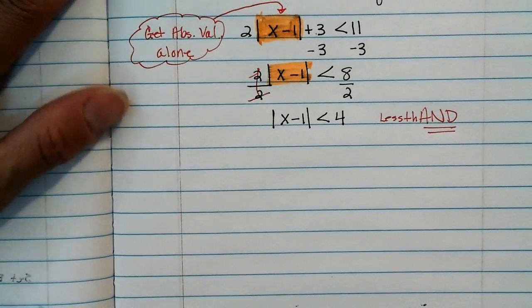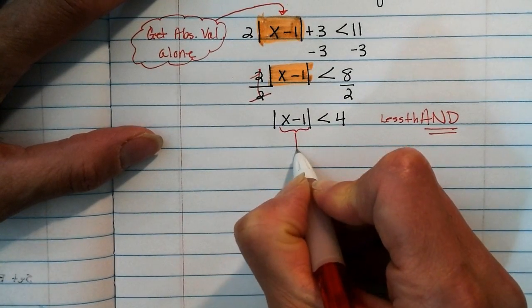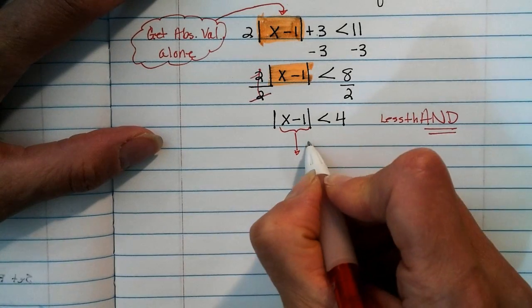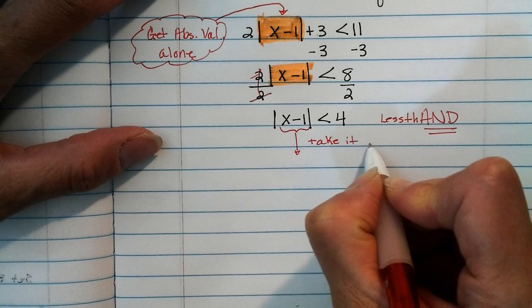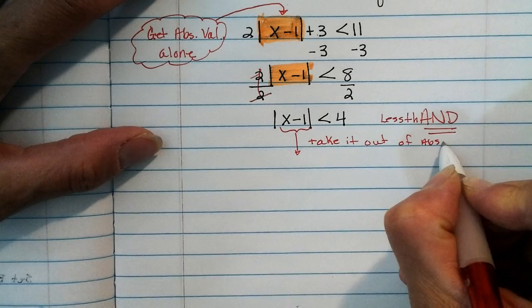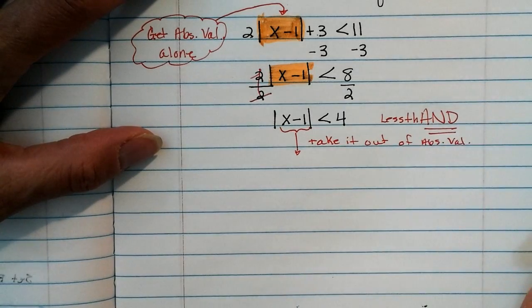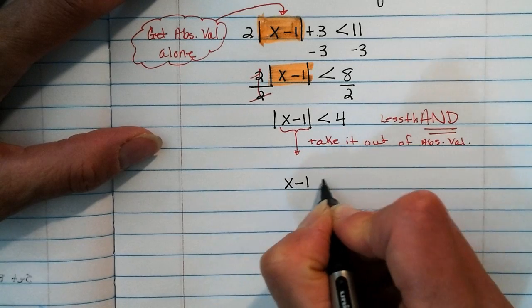So we're going to do the same thing here. We're going to take this out of the absolute value. There's no more absolute value. So that means that we have x minus 1.